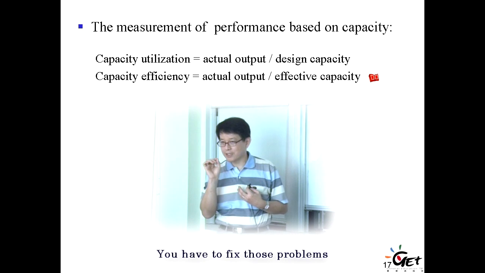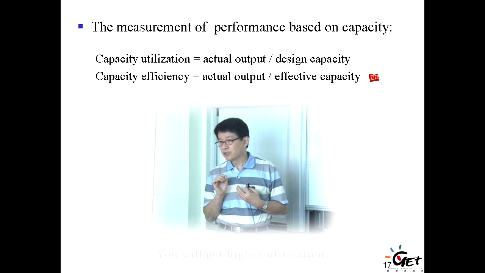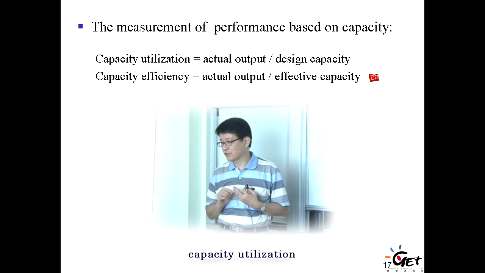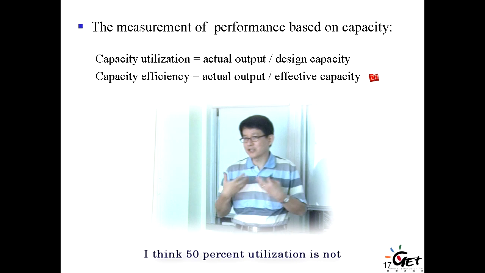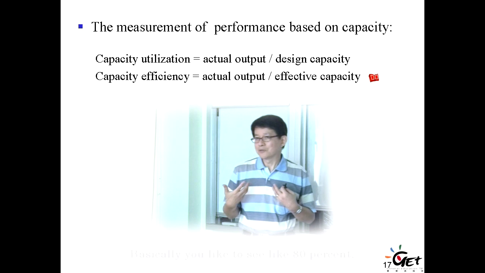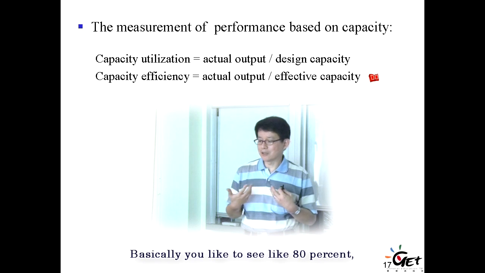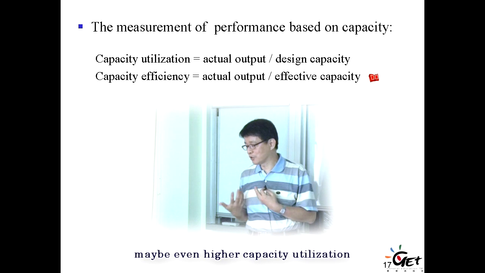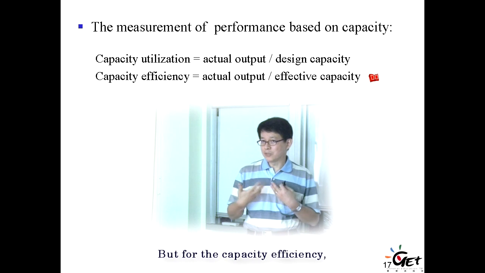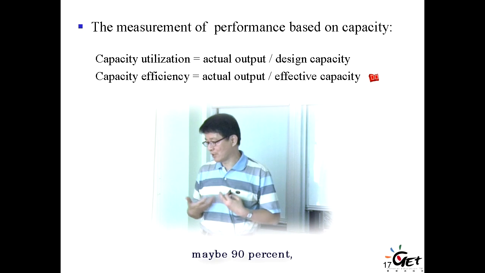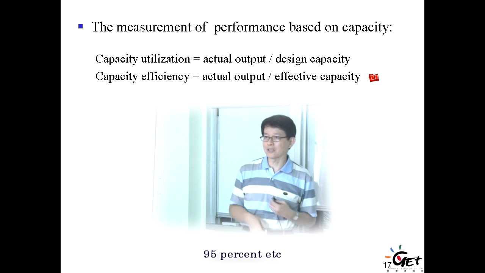You have to fix those problems in order to get higher capacity utilization. I think 50% utilization is not a reasonable number, right? Basically, we would like to see 80% or maybe even higher capacity utilization. But for the capacity efficiency, we maybe expect even higher, maybe 90%, 95%, etc.